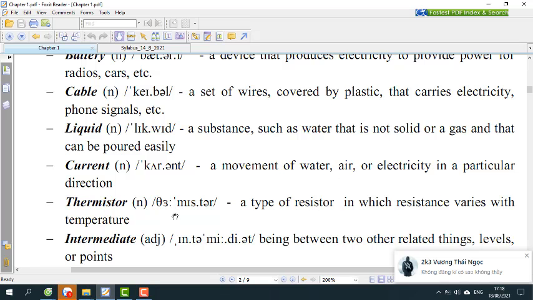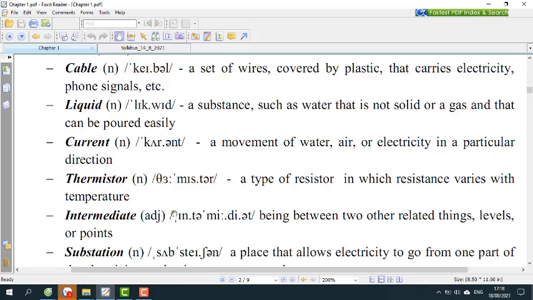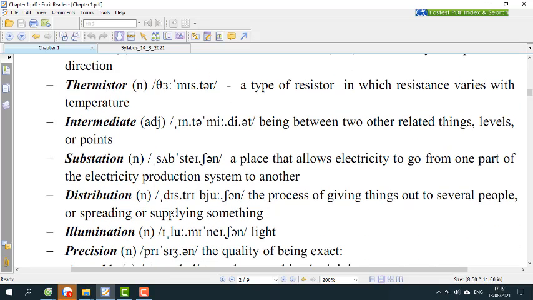Thermistor: a type of resistor in which resistance varies with temperature. Intermediate: being between two other related things, levels, or points.